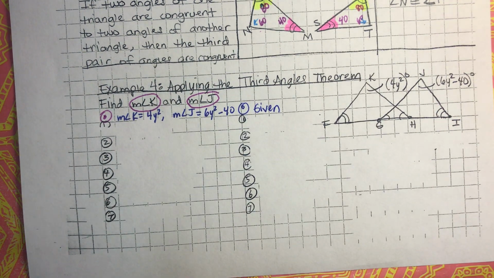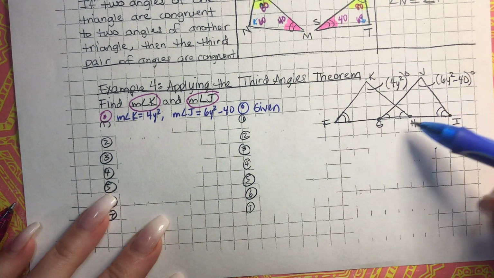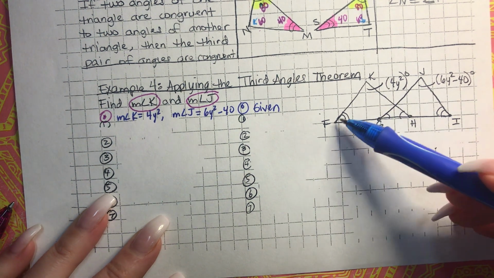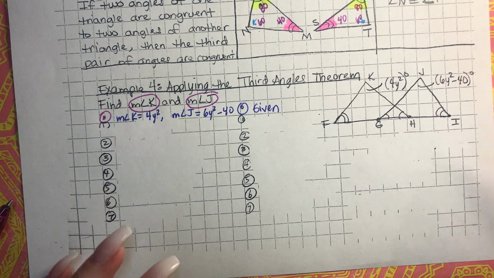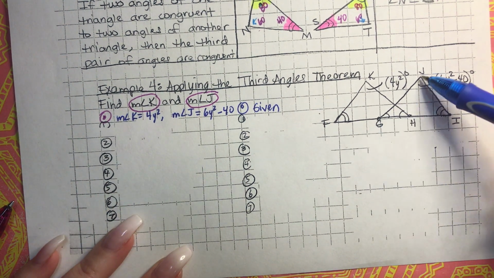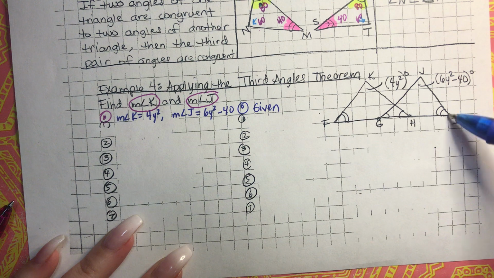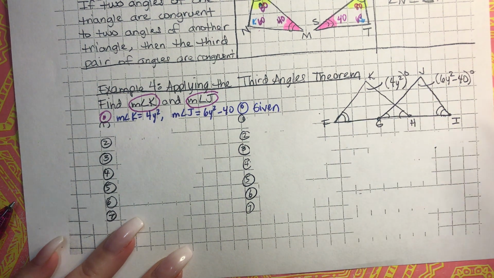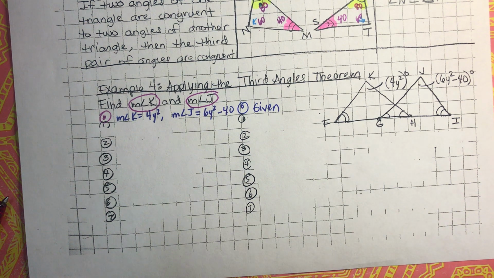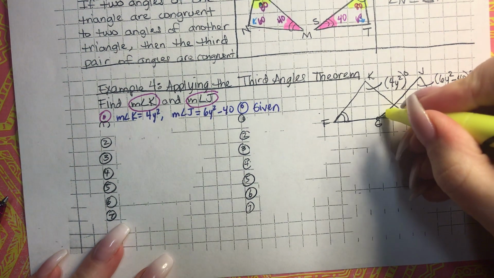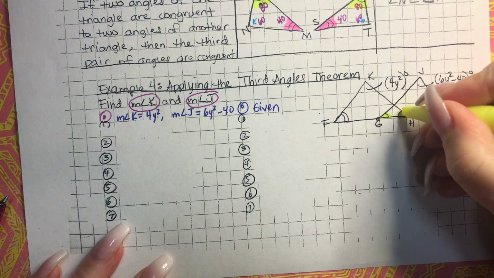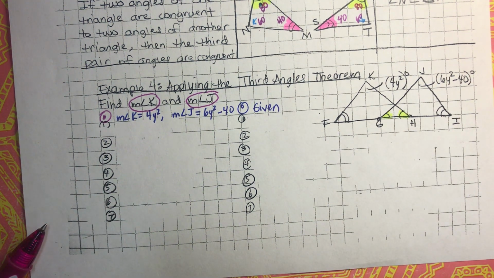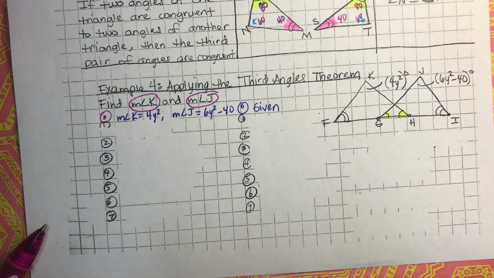Okay, so what do we see? We have these two triangles, and then we could even say that's an itty-bitty triangle, but I really think we're just going to be talking about the big triangles. And what do we see? Oh, this angle of this triangle and this angle of this triangle are the same. So we have these ones are the same, right? And then we have two arc marks here and here.